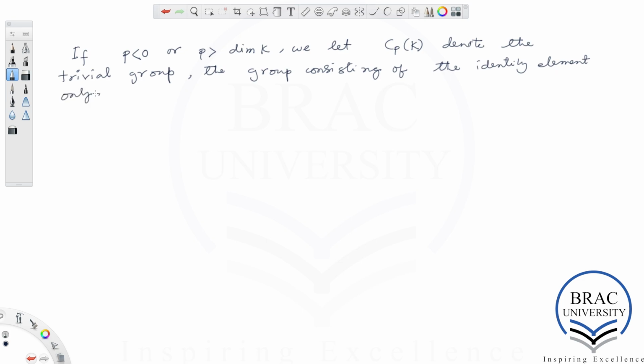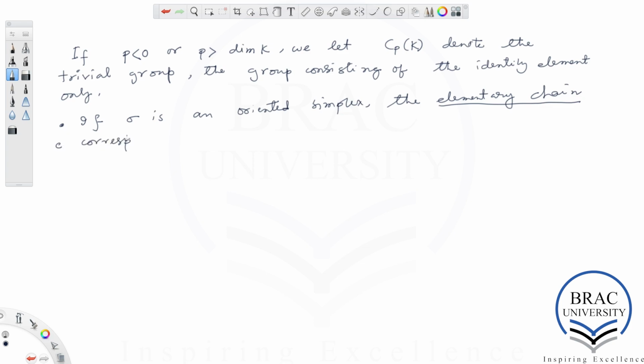Okay, good. If sigma is an oriented simplex, the elementary chain C corresponding to sigma is the function defined as follows.